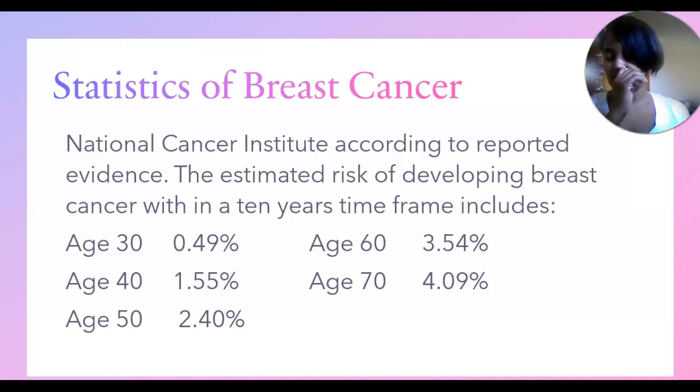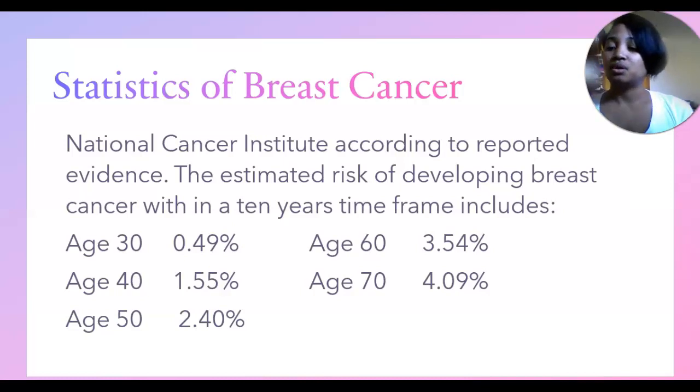Statistics of breast cancer. The National Cancer Institute, according to the reported evidence, estimated a risk of developing breast cancer within a 10-year time frame. By the age of 30, the percentile of you developing breast cancer is 0.49%.